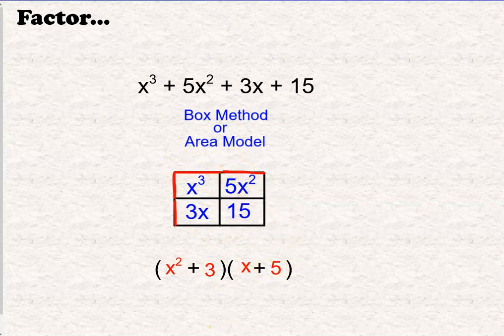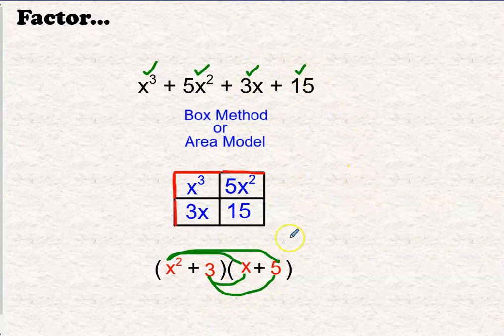And you can do a very quick mental check by expanding this out. We have x cubed, check. X squared times 5 is 5x squared, check. 3 times x is 3x, check. And 3 times 5 is 15, check.